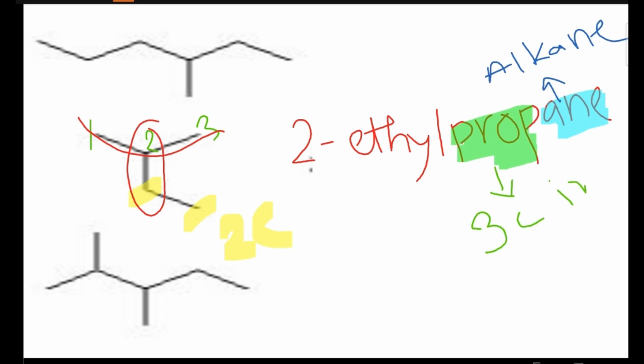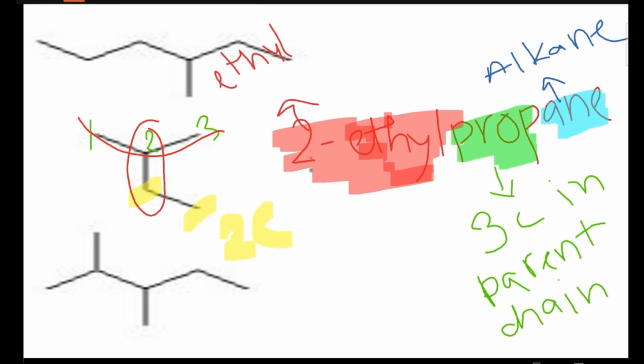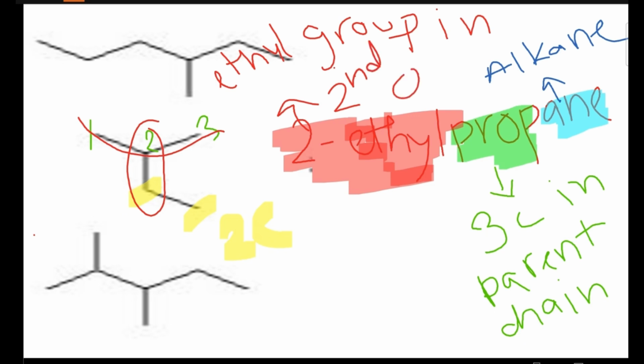I'm writing these side notes for your better understanding. 2-ethyl means there is an ethyl group or a branch in the second carbon of the parent chain. We will solve 2 more problems and then I will give you some practice.